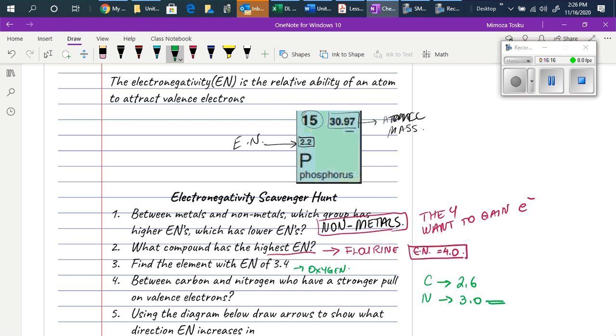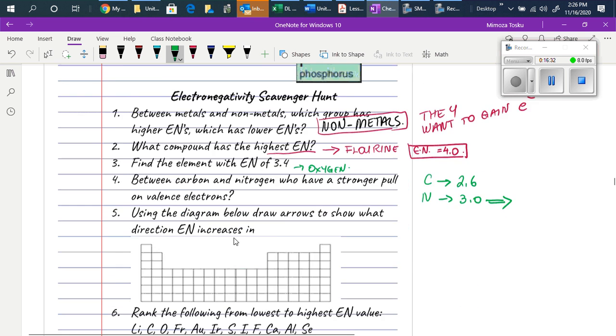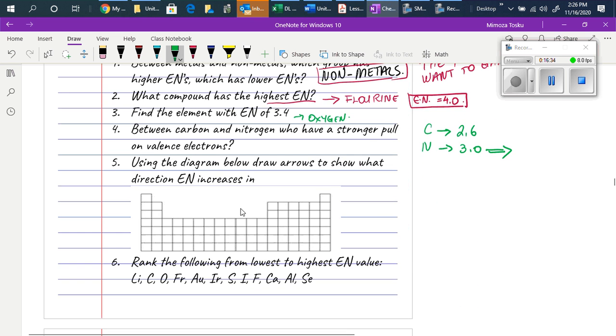Therefore, nitrogen will be the one that has the stronger pull on valence electrons because it has the highest electronegativity. Using the diagram below, draw an arrow to show the direction of increased electronegativity.